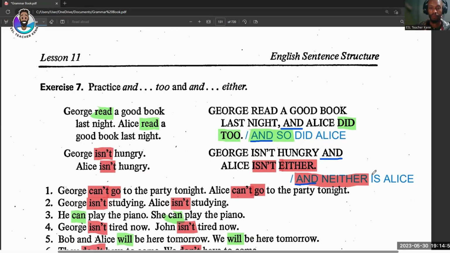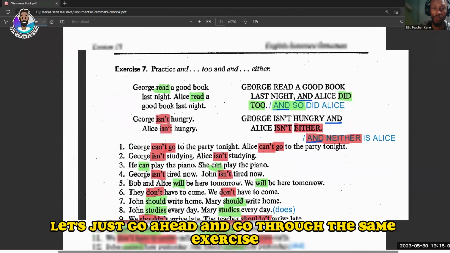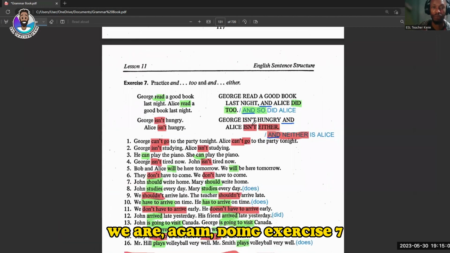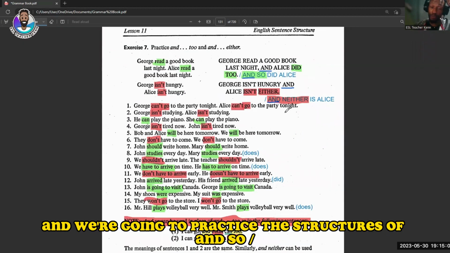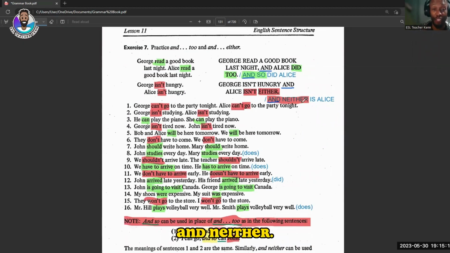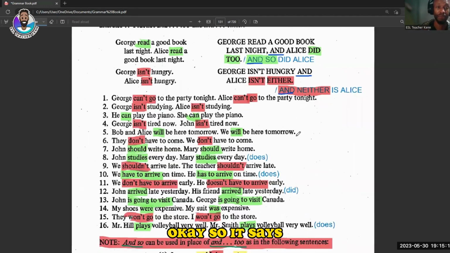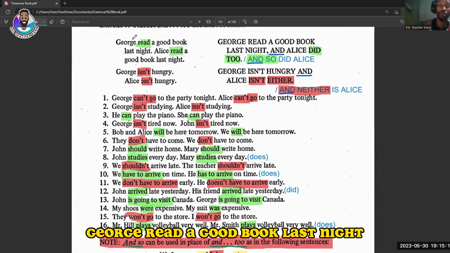Right there. Okay. Now, guys, let's just go ahead and go through the same exercise. We are again doing exercise 7, and we're going to practice the structures of and so and neither. Okay. So it says, George read a good book last night.